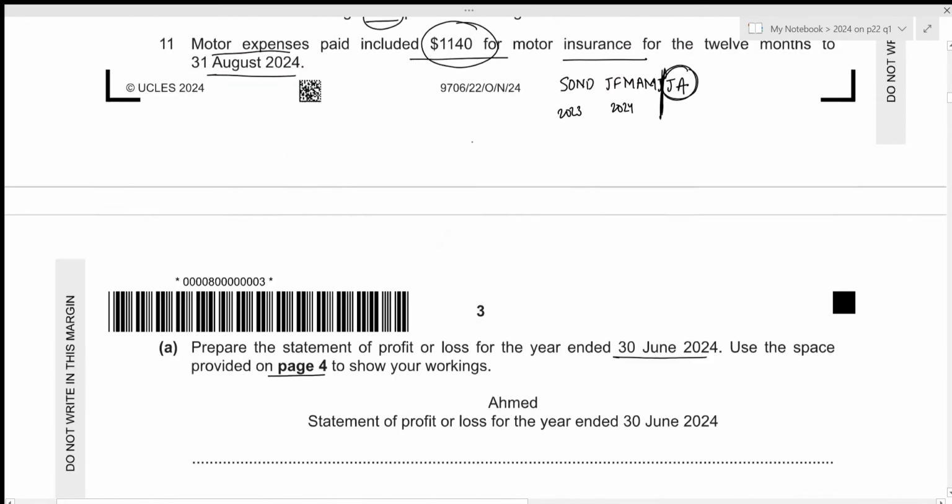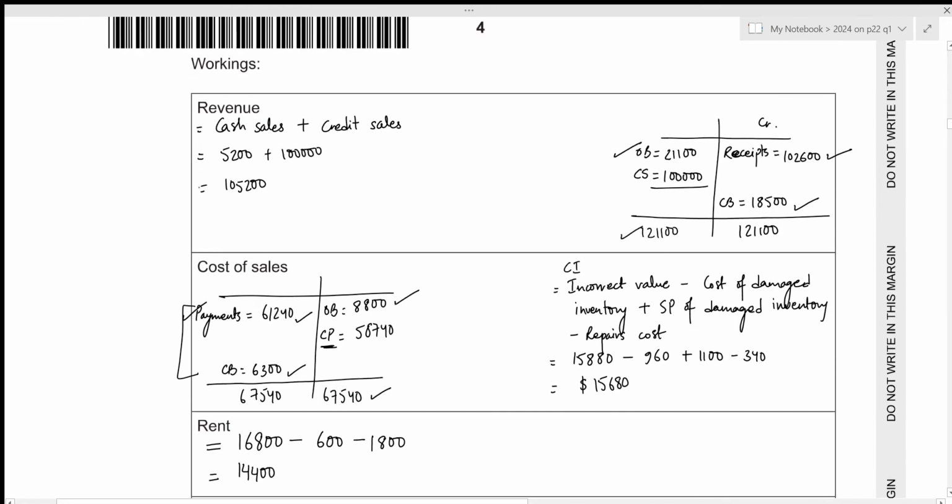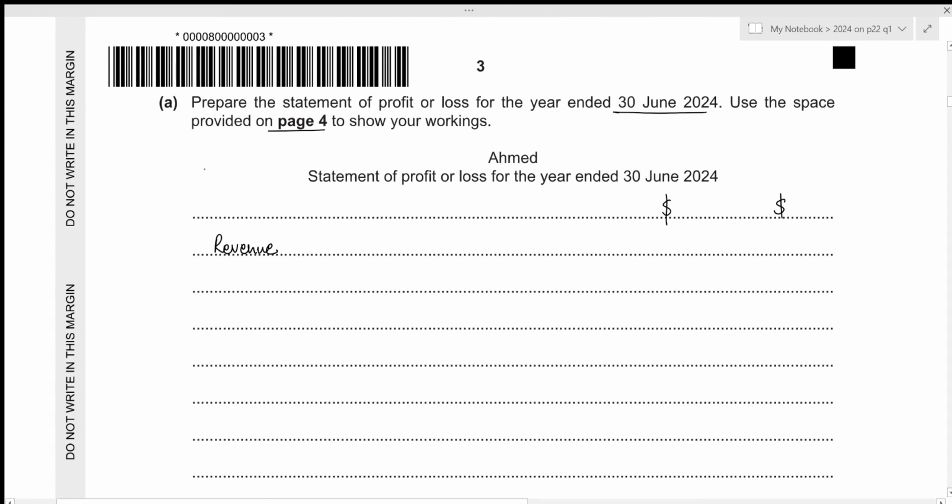Alright, let's start our statement. So we always need to start with the revenue, and we have already calculated the correct amount. So we just need to write down the amount of 105,200. After revenue, we move towards our cost of sales.